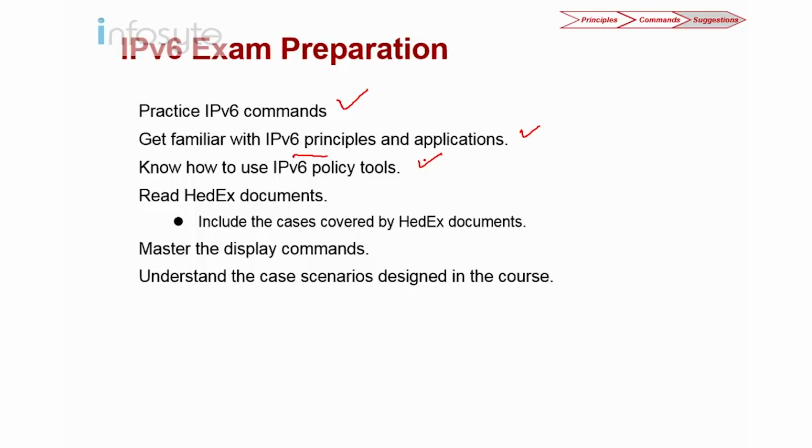So you need to know what policy tools are available. Many of the tools that are available for IPv4 are also available for IPv6. Huawei documentation is definitely important, and look into the commands for troubleshooting with all the display commands, and understand the case, especially when you want to work with IPv4 and IPv6.